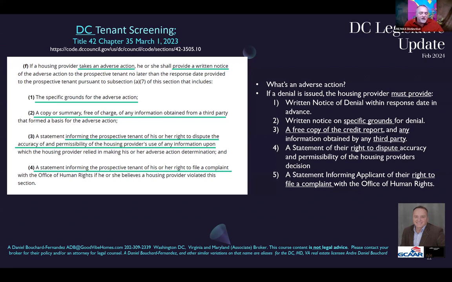Their entire income picture must include the voucher aspect if there is a voucher applied. You may not discriminate against anybody for having vouchers. You can discriminate against them for the content of their credit report, but you cannot discriminate against them for the fact that they have a voucher.